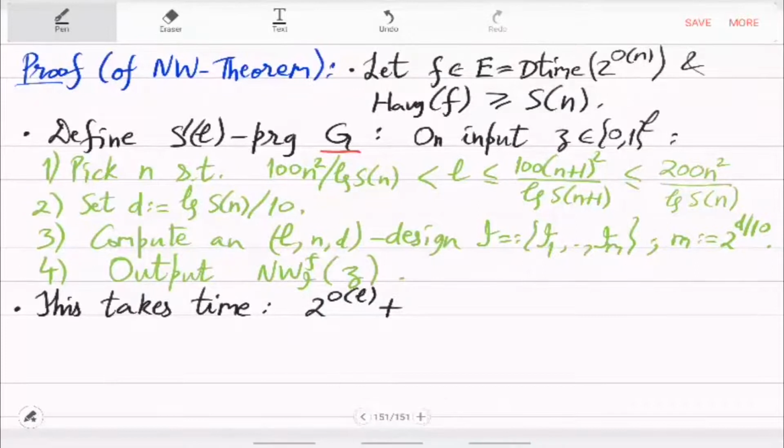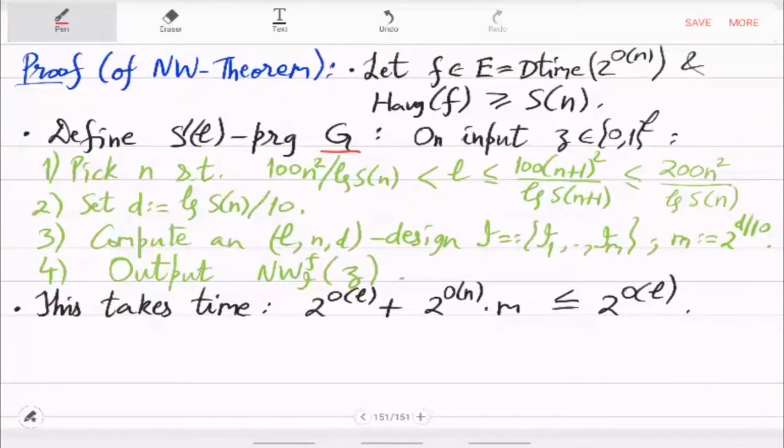NW is just evaluating f on n bits. So that you can do in 2 raised to n time, and this you have to do m times. So overall this is still 2 raised to L.